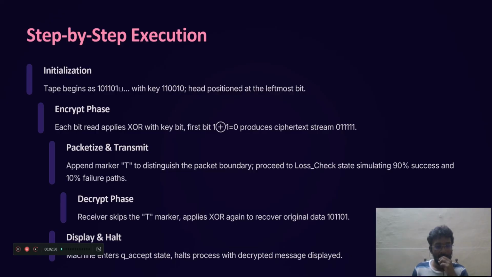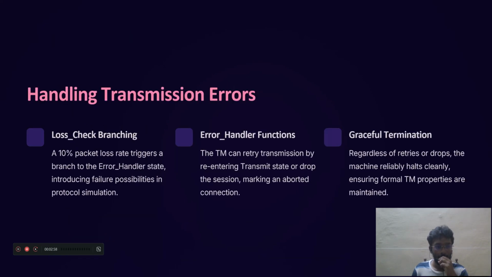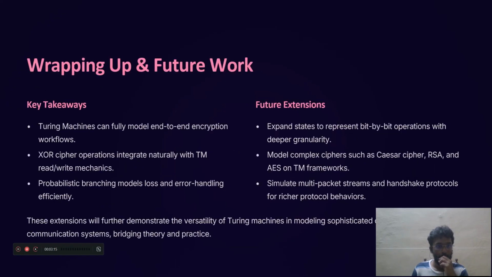At the receiver side, it is decrypted with the same key or hash that the sender uses, and the message is displayed and halted. If the transmission is met with errors, as we saw, that is more than 10% packet loss, then we go to the error handler stage and the packet is dropped.